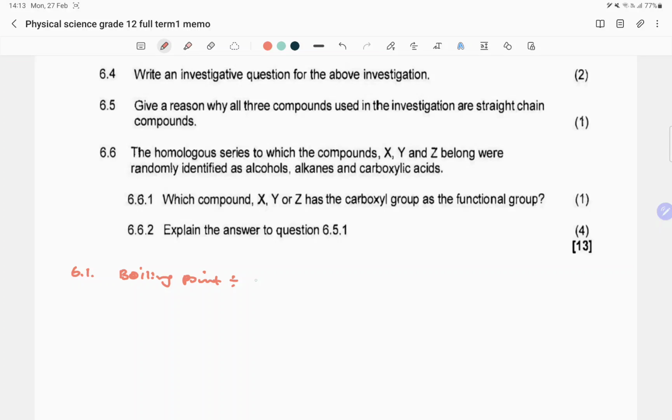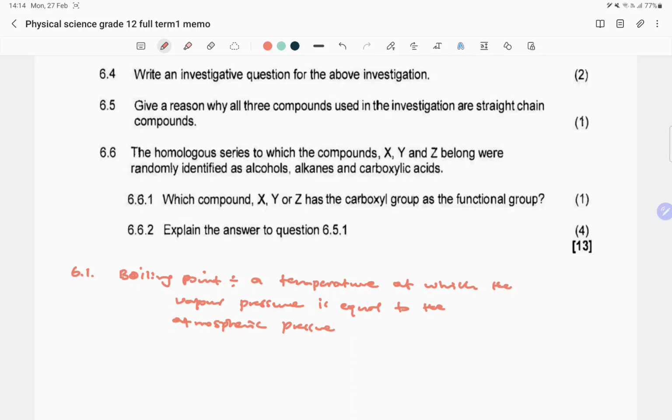The boiling point is defined as a temperature at which the vapor pressure is equal to the atmospheric pressure, okay?